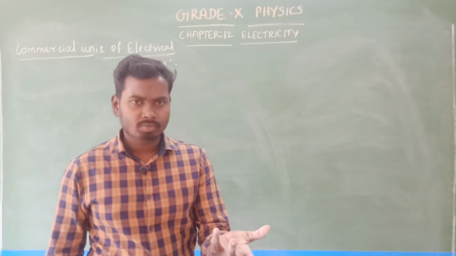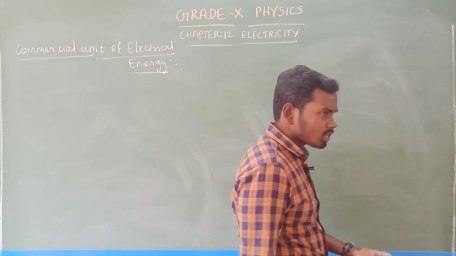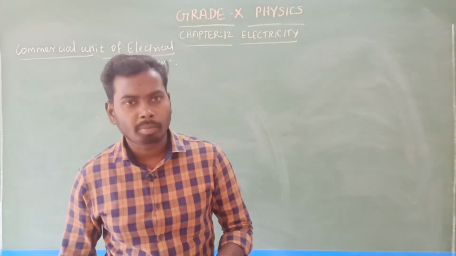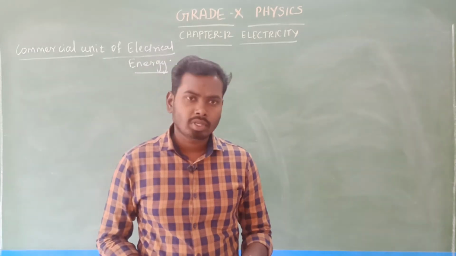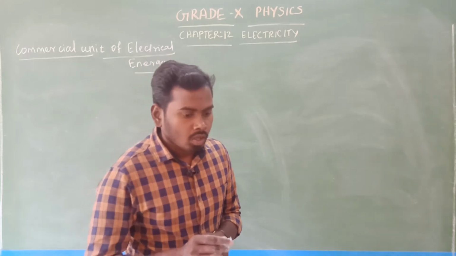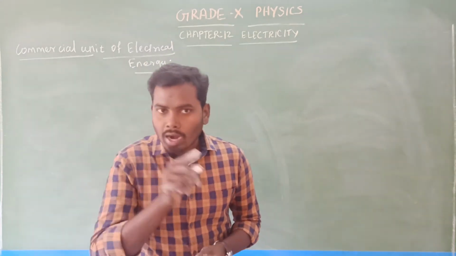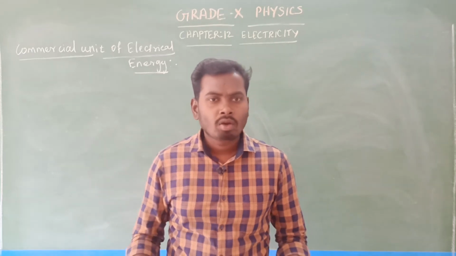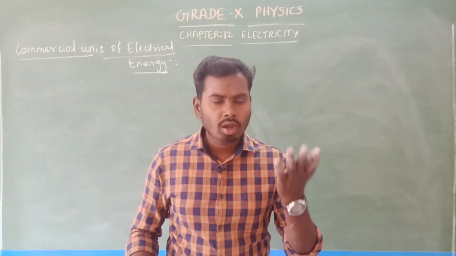Yes, you can say, sir, we use electrical appliances at home. That is the reason why we pay the electricity bill to TNEB. Of course, that is right. But on what basis are they making the electricity bill for us? Have you ever thought like that?